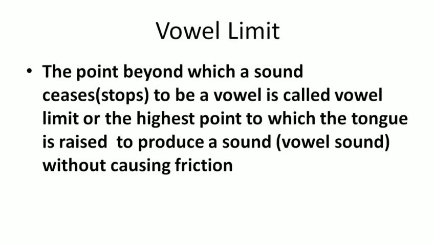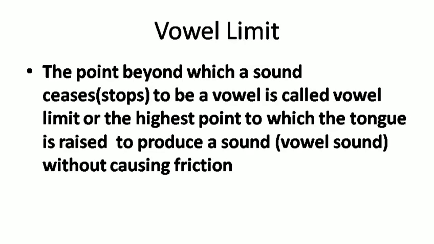That is, ceases, stops. ടു ബി എ വവൽ, ആ എയർ പോയിട്ട് നമ്മൾ പ്രൊഡ്യൂസ് ചെയ്യേണ്ടത് വവൽ സൗണ്ടാണ്. വവൽ സൗണ്ടായി മാറാൻ വേണ്ടിയിട്ട് നാവ് സ്റ്റോപ്പ് ചെയ്യുന്ന ഒരു പൊസിഷൻ ഉണ്ട്. അതിനെയാണ് വവൽ ലിമിറ്റ് എന്ന് പറയുന്നത്. അല്ലെങ്കിൽ ദ ഹയസ്റ്റ് പോയിന്റ് ടു വിച്ച് ദ ടങ് ഈസ് റേസ്ഡ്. ഹയസ്റ്റ് പോയിന്റിലേക്ക് പോകുന്ന സമയത്ത് നാവ് ഹയസ്റ്റ് പോയിന്റിൻ്റെയും ലോവസ്റ്റ് പോയിന്റിൻ്റെയും ഇടയിൽ ഏതെങ്കിലും ഒരു സ്ഥലത്ത് വെച്ച് സ്റ്റോപ്പാകും, സീസ് ചെയ്യും. ആ ഏരിയ, അതിനെയാണ് വവൽ ലിമിറ്റ് എന്ന് പറയുന്നത്.